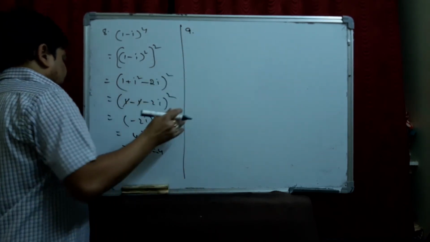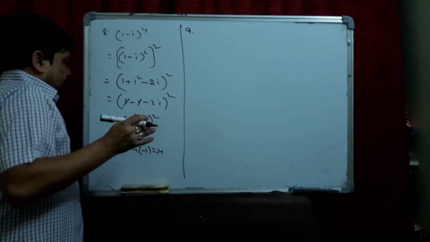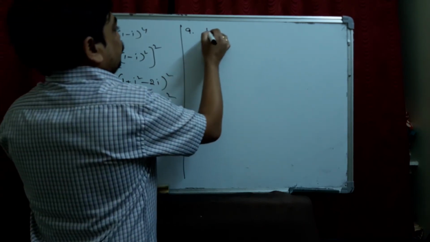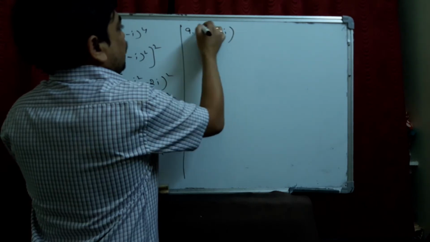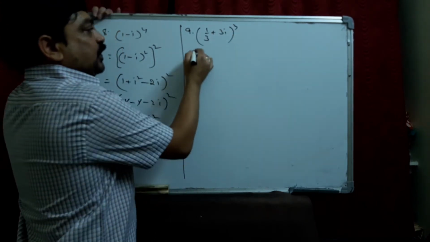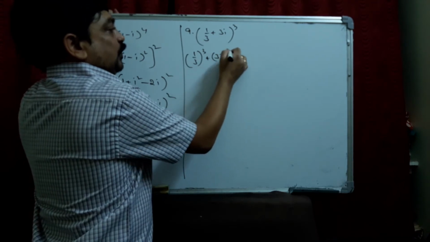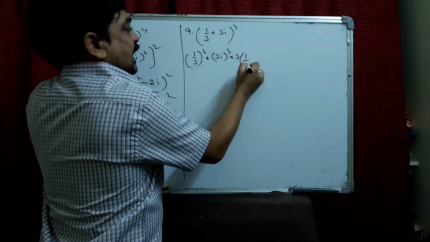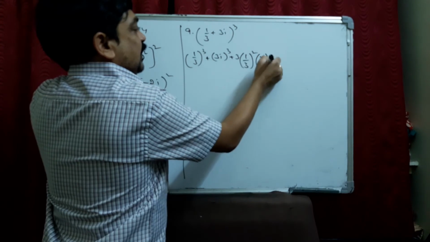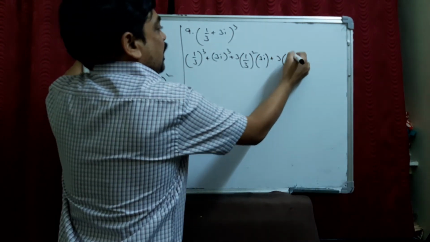Now see the ninth question. (1 by 3 plus 3i) whole cube. (a plus b) whole cube is a cube plus b cube plus 3a square b plus 3ab square.